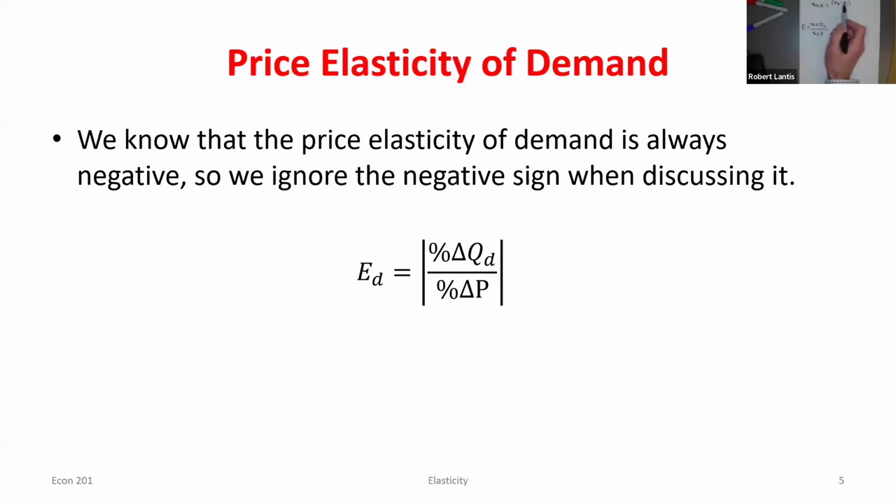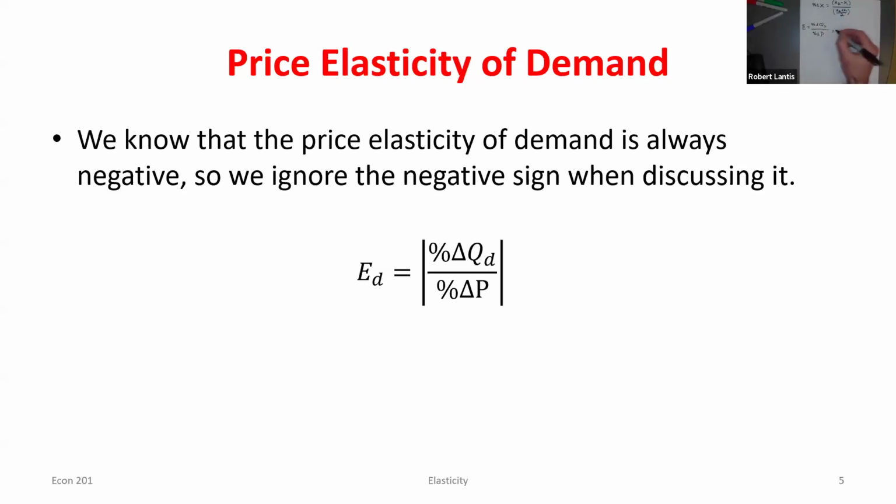When I write triangle, that means the change. I was moving between this first X value and the second X value. And I'm then going to divide that by the average of these two. How do I find the average of two numbers? You guys are scaring me. If you have two numbers, you find the average by adding them up and dividing by 2. That's all we're doing here.